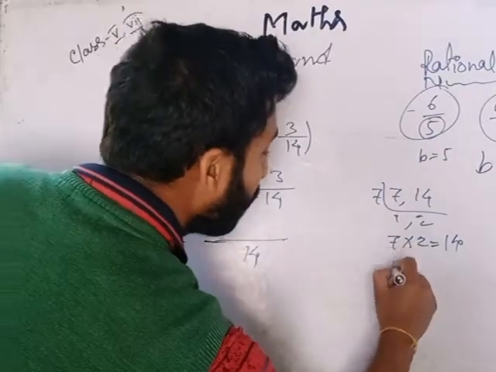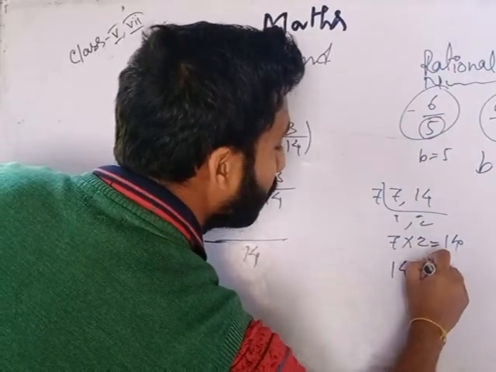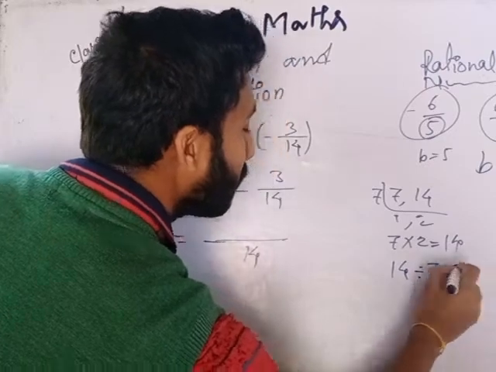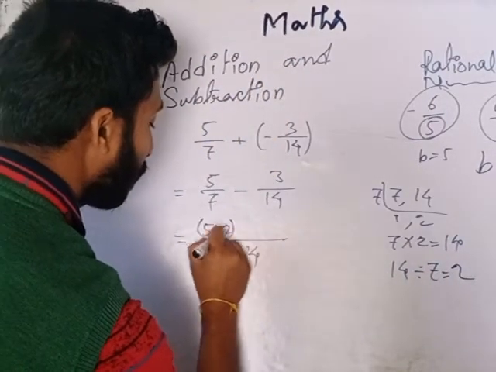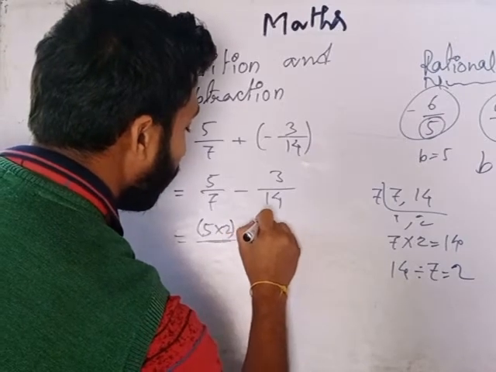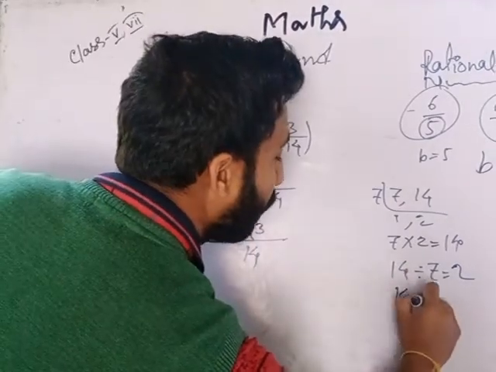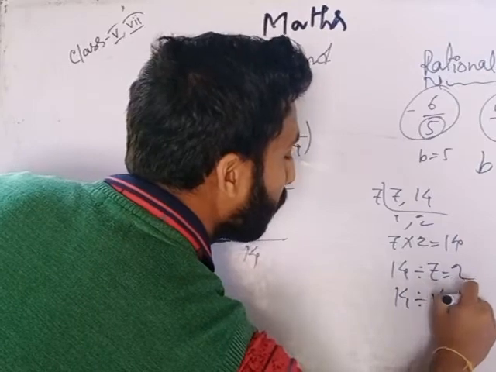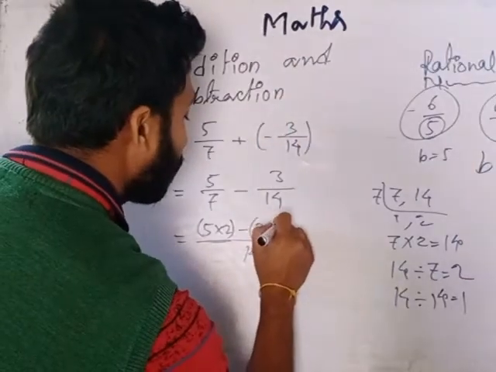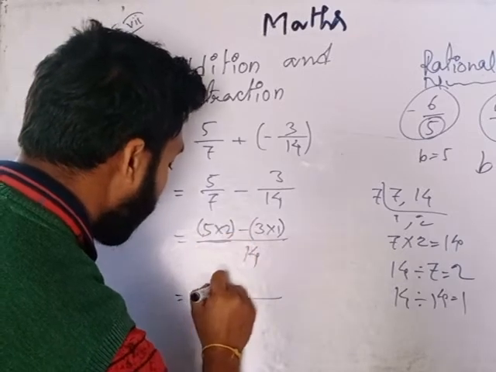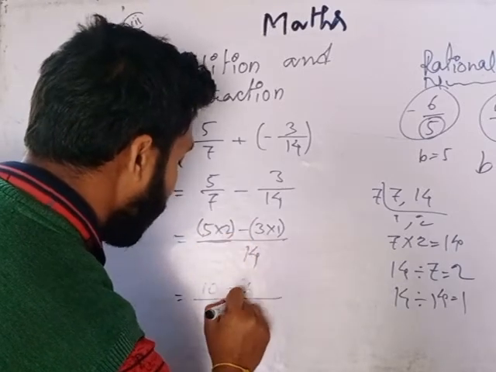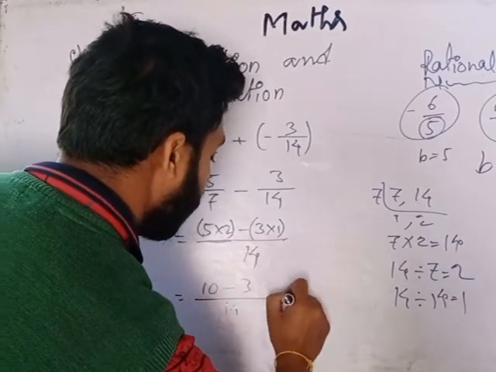14 divided by 7 as denominator, it is 2. So we should multiply 5 with 2, minus 3. 14 divided by 14, that is also 1. So 3 ones are 3, multiplied with 1. 5 twos are 10 minus 3 ones are 3, divided by 14.